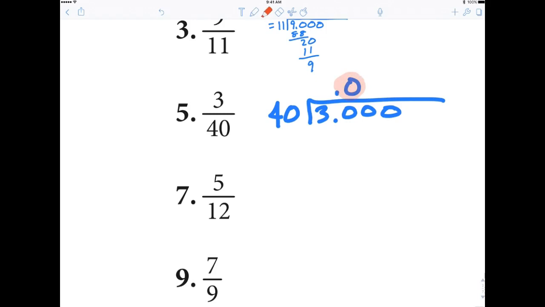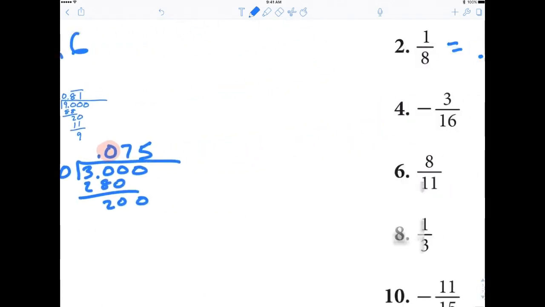Now, how many times does 40 go into 300? 7 times, right? So 7 times 40 is 280, right? Oh, this one's easy. And then what? 5. Right. 5 times 40 is 200. So is everybody happy with that being 0.08, or I'm sorry, 0.075? Yes. That's not bad, right? All right, I'm happy with that.